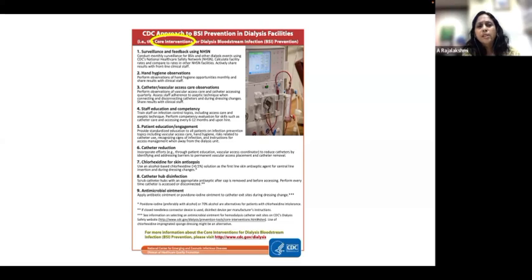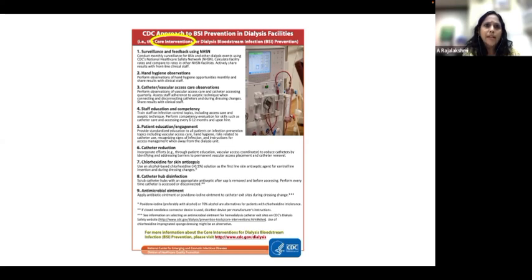So usually the audits are done by infection control because of the bias involved, but it is important that surveillance should be ongoing and monthly surveillance data should be shared with the unit to know how they have performed. Hand hygiene observations are also very, very important. So audit and feedback is a core intervention of a CLABSI preventive bundle in dialysis facility.